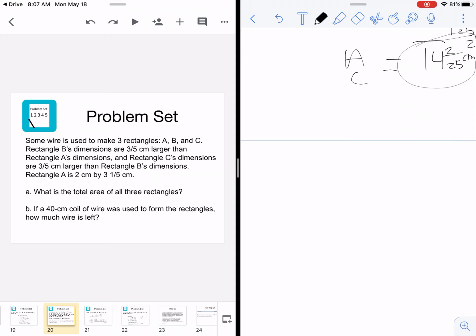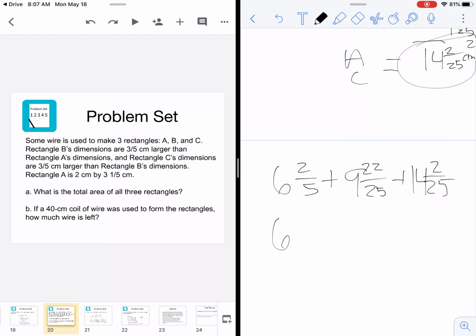So the total area altogether, if you add up 6 and 2/5 plus 9 and 22/25 plus 14 and 2/25, you get a total of perimeter of 30. So 6 and 2/5, that's A. Plus, this is the area. 9 and 22/25 plus 14 and 2/25.